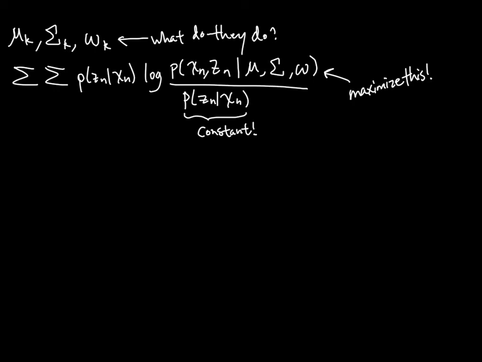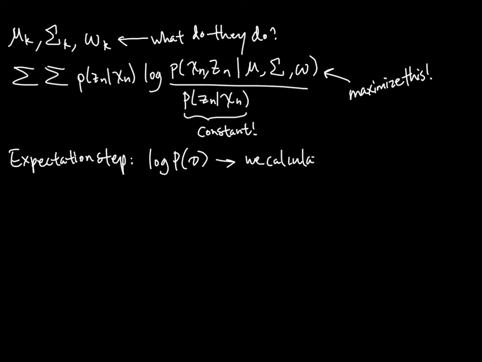Because what we do in the expectation step is to calculate our likelihood, right? So our log p of D. And here, as a result, we calculate P of Zn given xn.